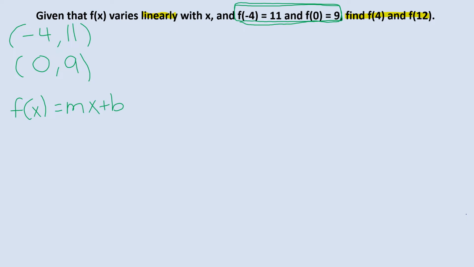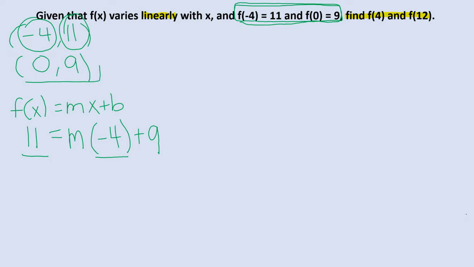So we are going to plug in 11 for the y, because 11 is the y up here, and we are going to do m times -4 plus 9. Here we just plugged in an x and y because we have that information, and 9 is the y-intercept, which is given by this set of ordered pairs, which is why we have a plus 9.